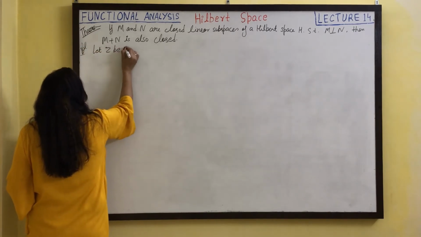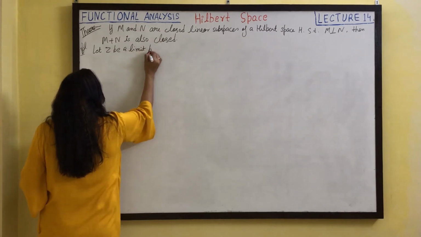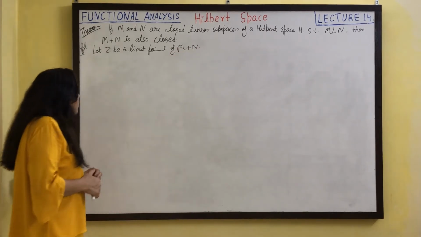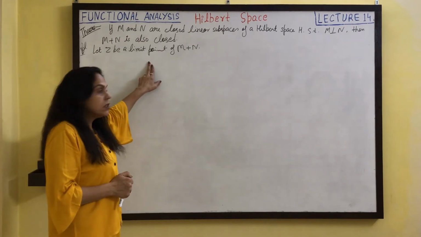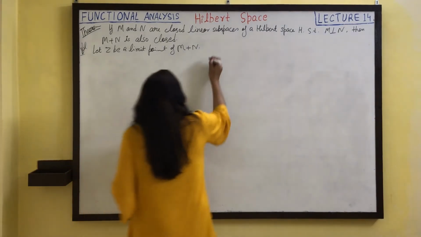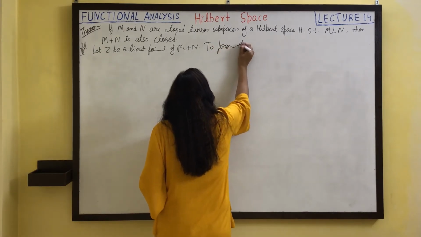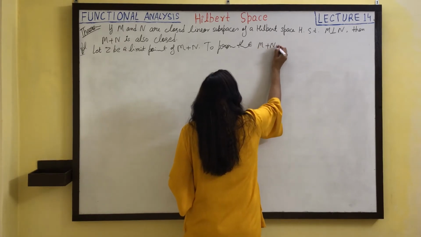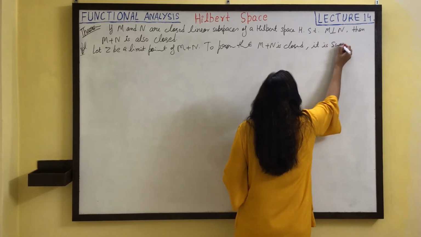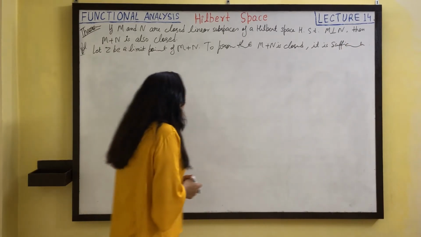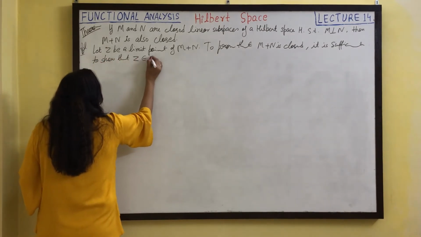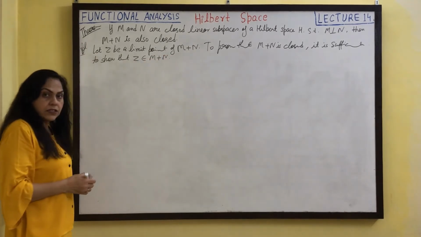Let Z be a limit point of M plus N. Now, to prove that M plus N is closed, it is sufficient to prove that this limit point belongs to M plus N. Right?